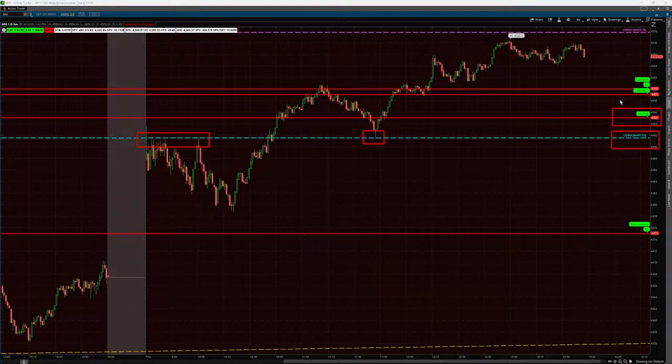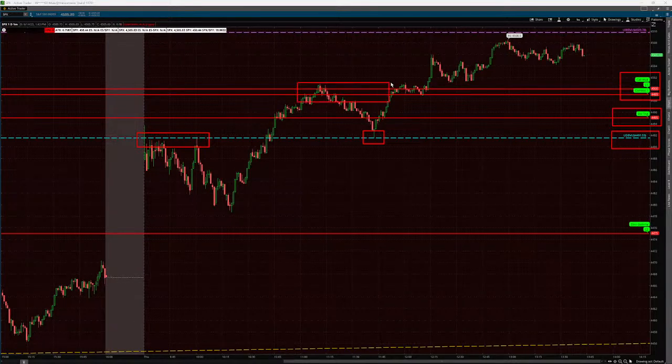Here's the call wall and the volatility trigger. The volatility trigger below 4,495, call wall at 4,500. It did act as resistance as expected, and now SPX is trading above that, and approaching the next level would be the upper weekly expected move.